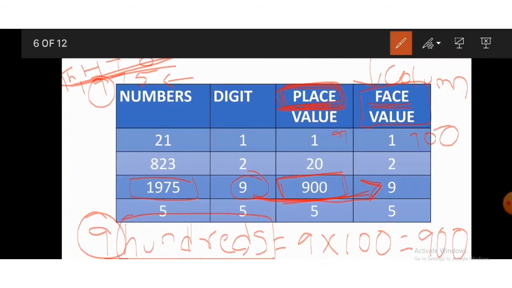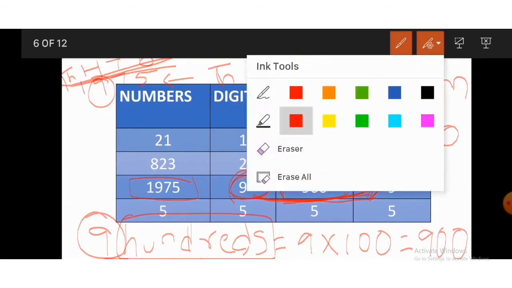So always remember, when it says place value, write the places, which are ones, tens, hundreds and thousands, on top of the number, and then find out its value. But for face value, just simply copy the digit which is circled or which is asked in the question.